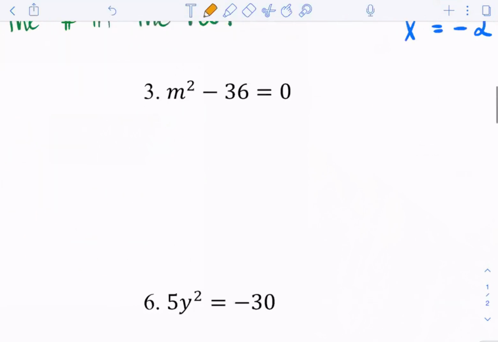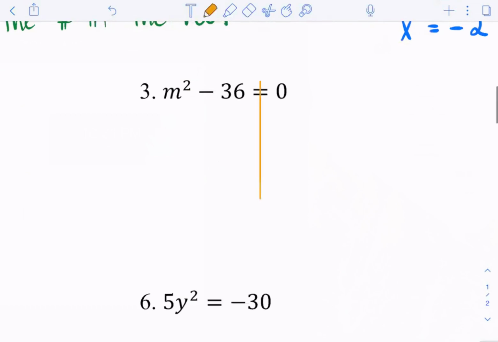And then this third example. Again, your goal is to get this squared alone. In order to do that, I first need to get rid of that minus 36. To get rid of that minus 36, I have to do the inverse, plus 36. So I get m squared equals 36.